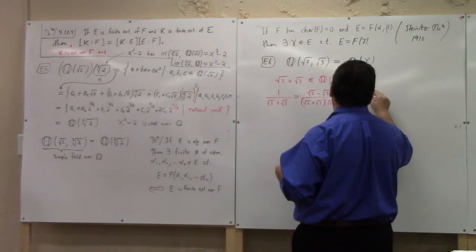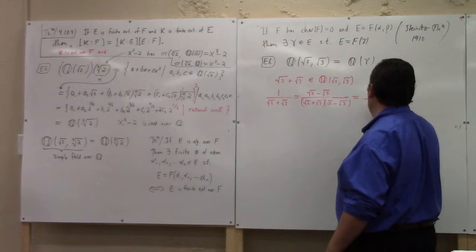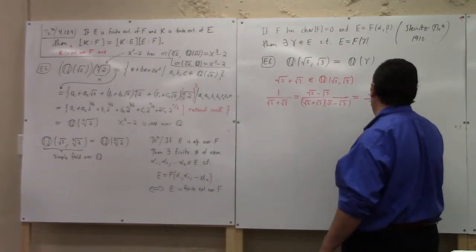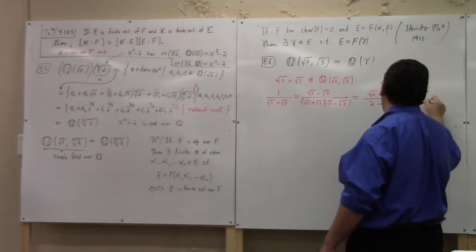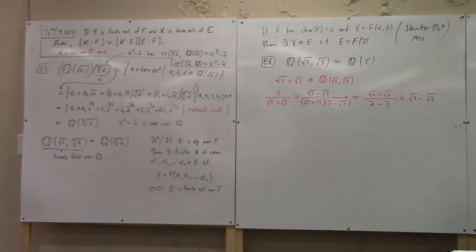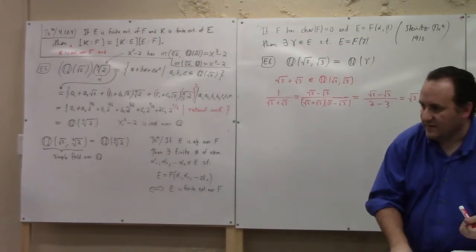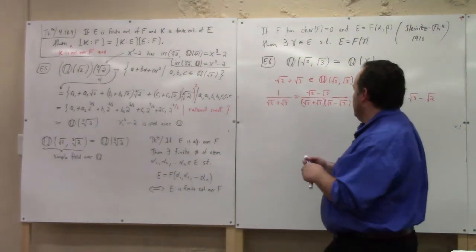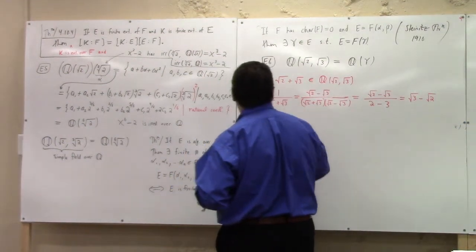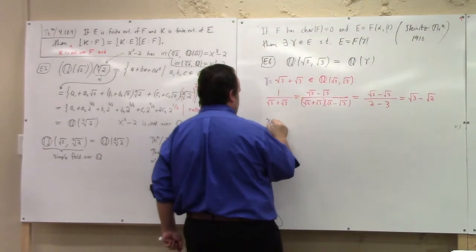And what's that give us? 2, 3. So we get square root of 3 minus the square root of 2. So what good does that do you? Well, the thing is, if my gamma is this, then if you look at gamma plus 1 over gamma, what do we got?